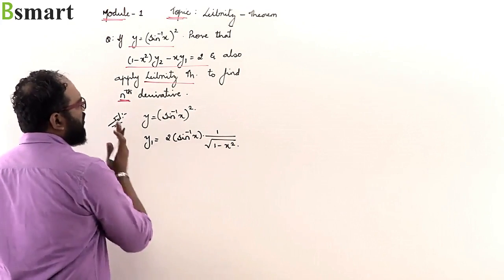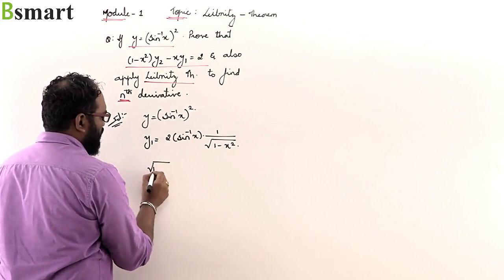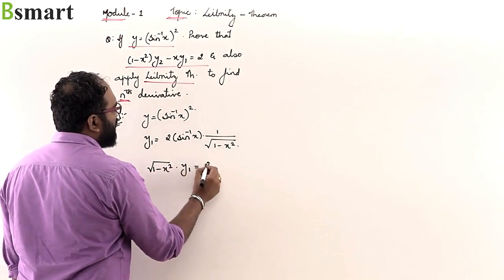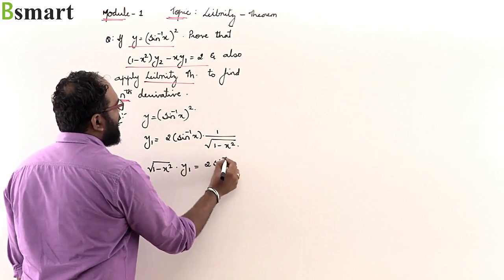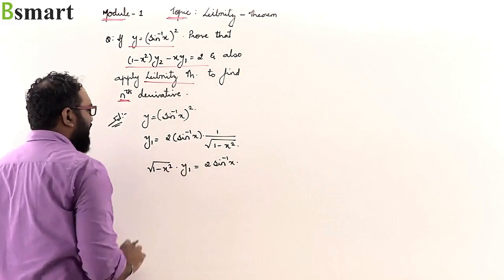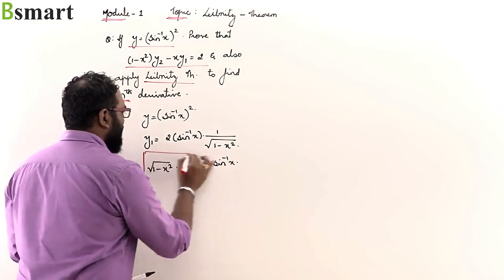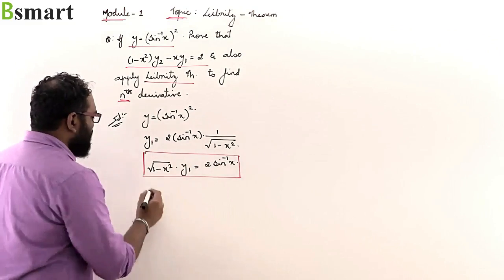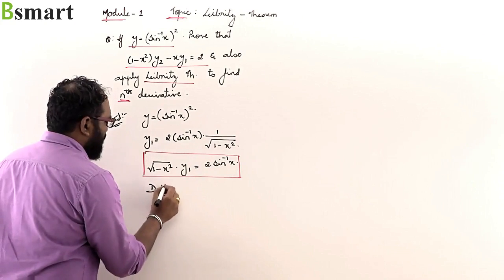Or if I bring root over 1 minus x square to this side, root over 1 minus x square into y1 is equal to 2 into sine inverse x. Now let us keep this value aside. Now I'll differentiate this again.